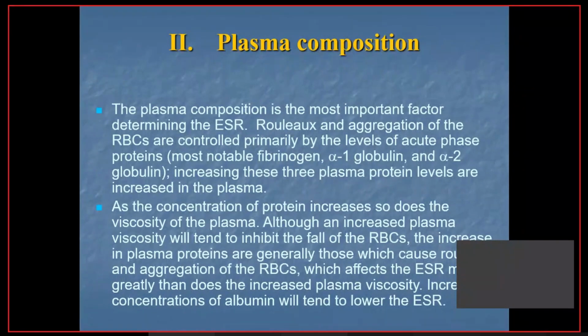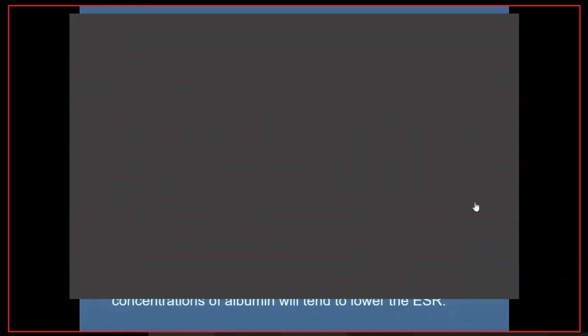And I already told you that the plasma composition can also influence it, right? The plasma composition is the most important factor, which I already discussed in the first slide.